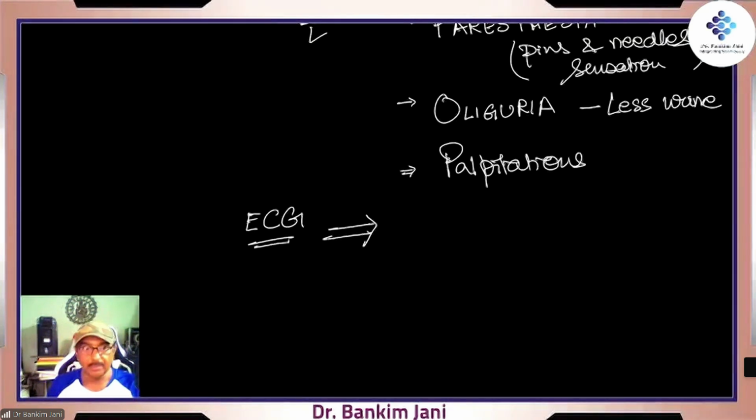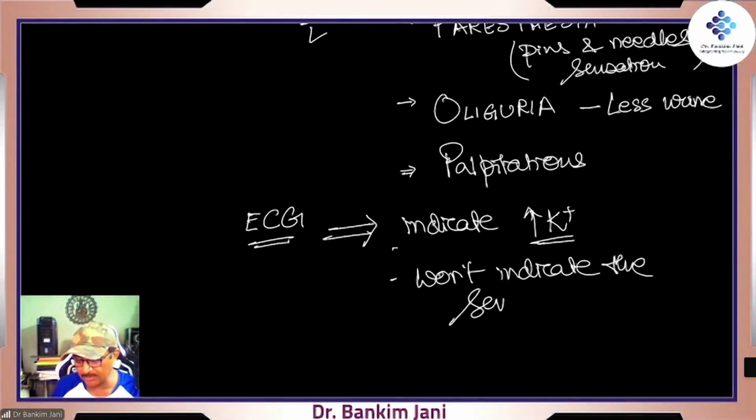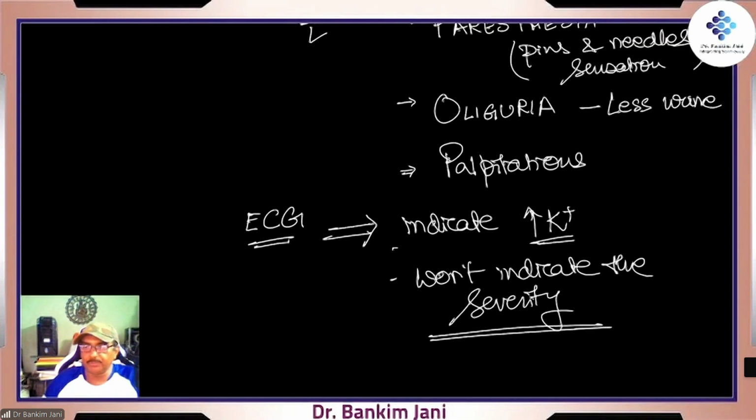But remember, ECG will indicate that there is hyperkalemia, but it won't indicate the severity, that means how severe the hyperkalemia is. For that, you need to go for the labs. You need to take the blood. That will tell you about severity.